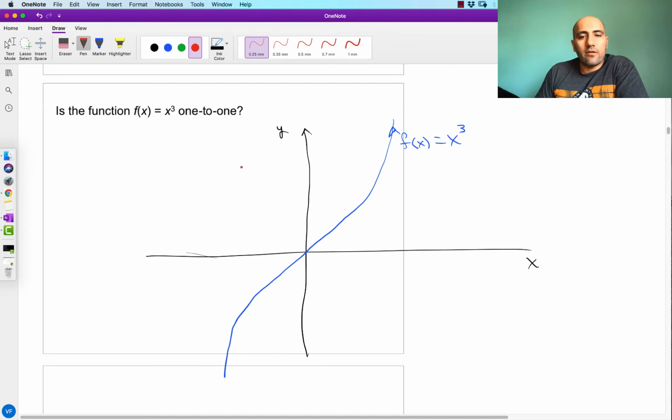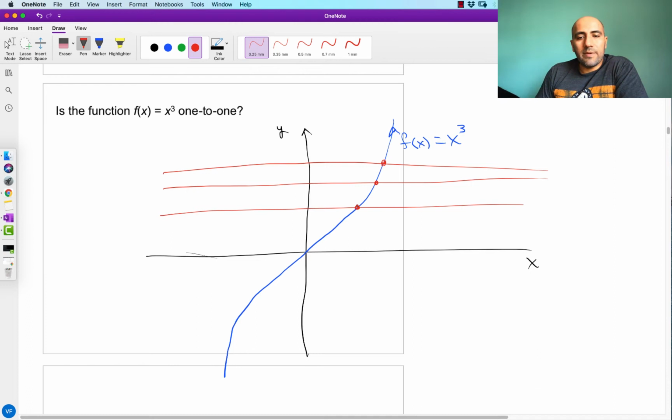And if we think about lines sweeping this way, it'll touch there. Another line, as it sweeps, it'll only touch there. So as we sweep through up and down, we see that it only ever touches our graph at a maximum of 1 point at a time. There's never a case where it touches it at 2 points at the same time.